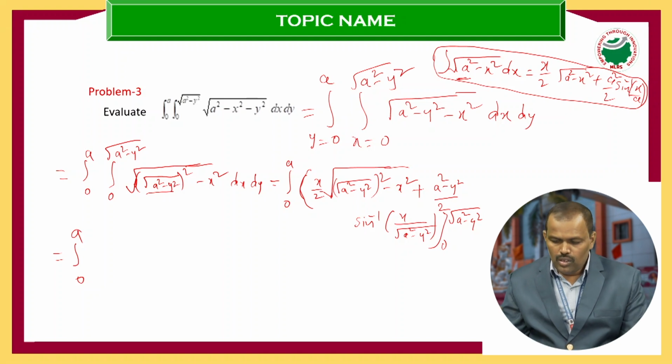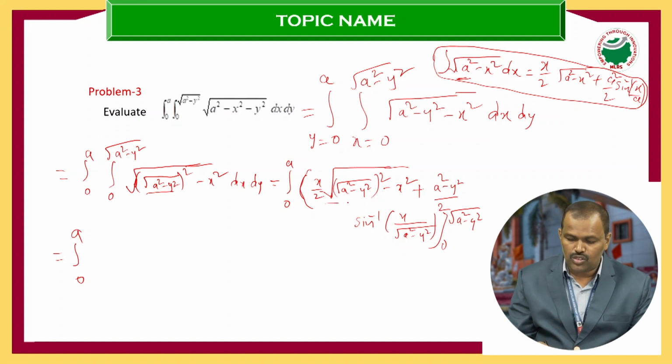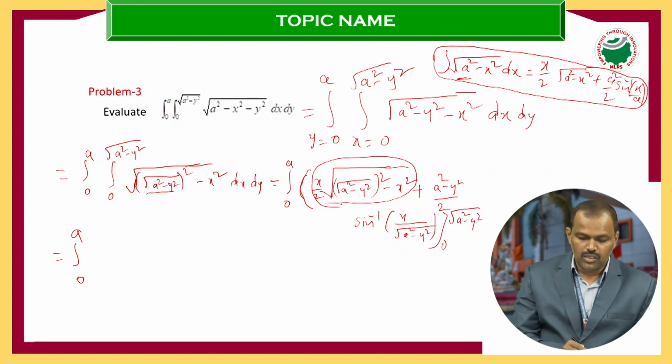So simple, when I substitute upper limit in place of x here, square root of a square minus y square whole square, both will be cancelled. That means 0. When I substitute upper limit in the first term, that becomes 0.